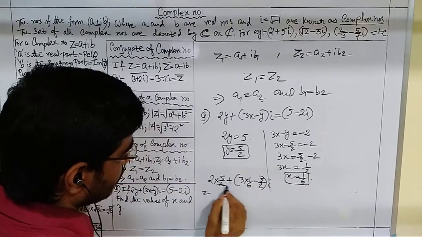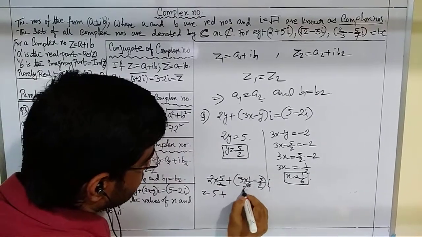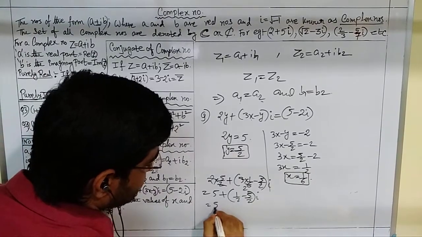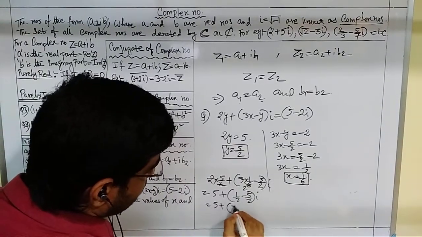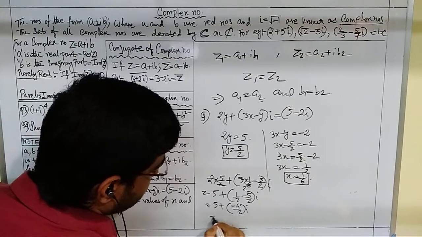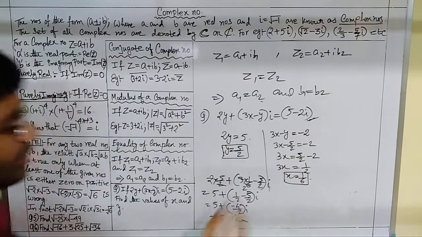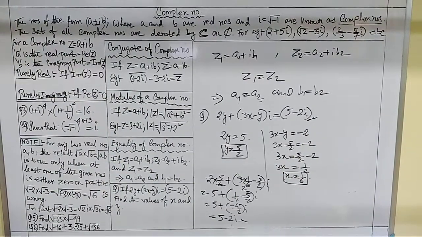Just solve it. 5 plus 1 by 2 minus 5 by 2 i. This becomes 5 plus minus 4 by 2 i. So it becomes 5 minus 2i. And so we are easily getting the answer, and hence the problem is all right.